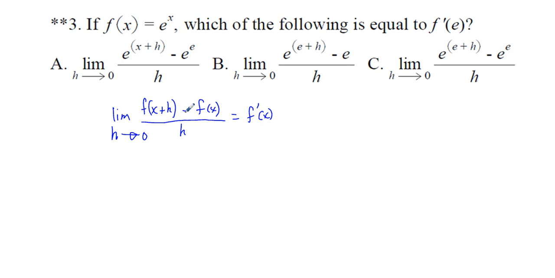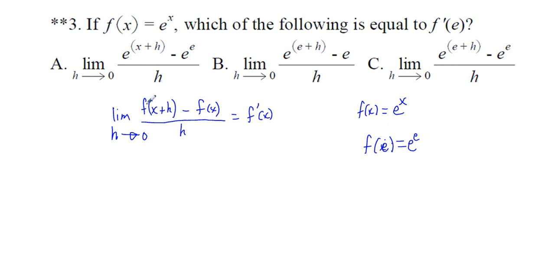So we're going to take this basic format. According to this, our f of x is going to be e to the x power. And then if we have f of e, f of e is going to be equal to e to the power of e.